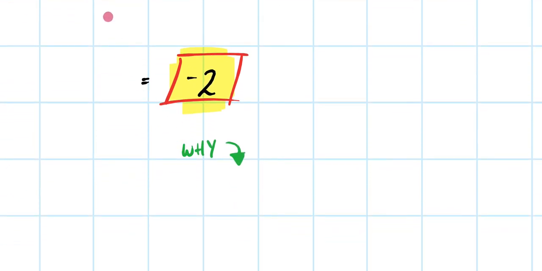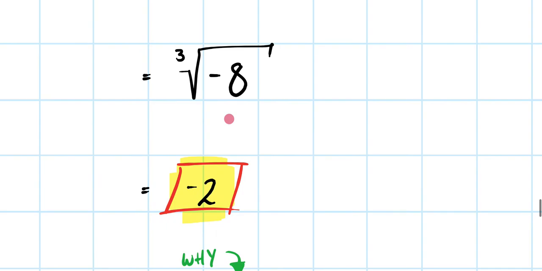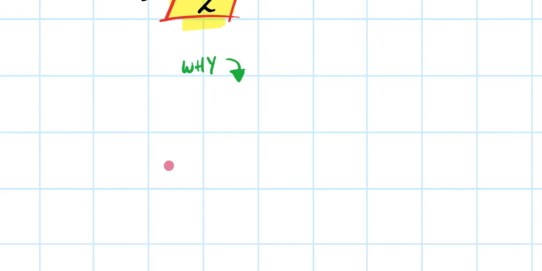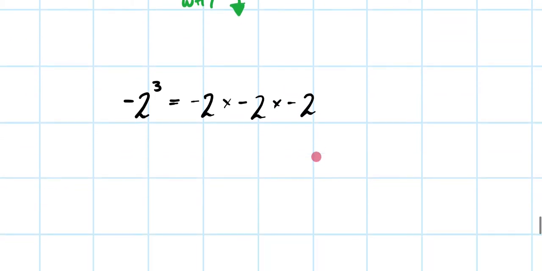The reason why it works is because what this is telling you right here is that -2 raised to the 3rd power is -8. So in other words, -2 raised to the power of 3 is -2 times -2 times -2. Hopefully you all agree with that. Now, let's come down here.